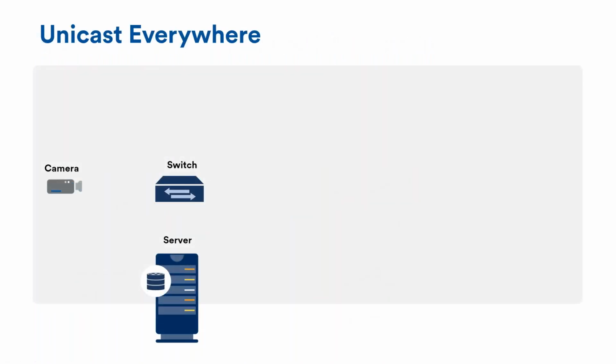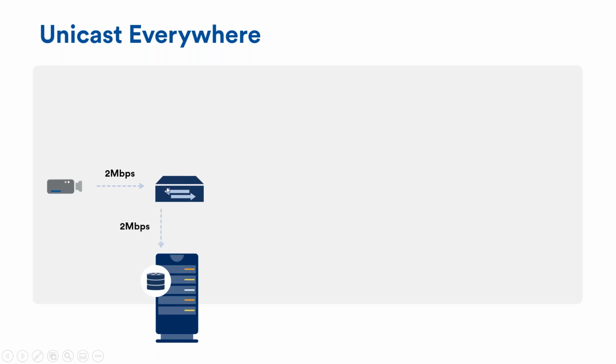So let's talk about an environment where we have unicast. Unicast is the transport protocol across the network for a video stream. We're going to talk about many scenarios now. We have a camera, we have a switch, and we have a server running the archiver role. The camera is streaming video at 2 megabits per second. It's connected to a switch.